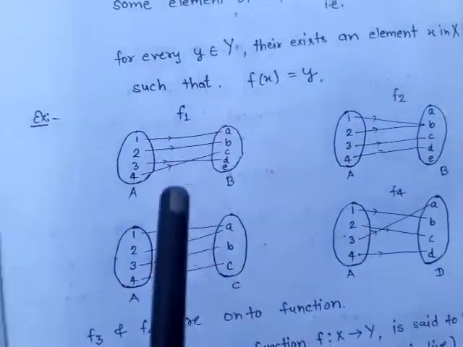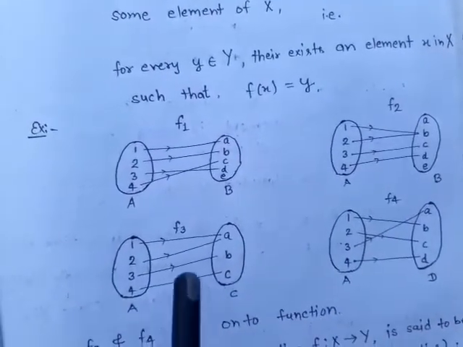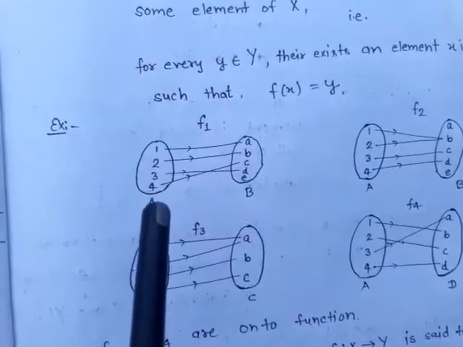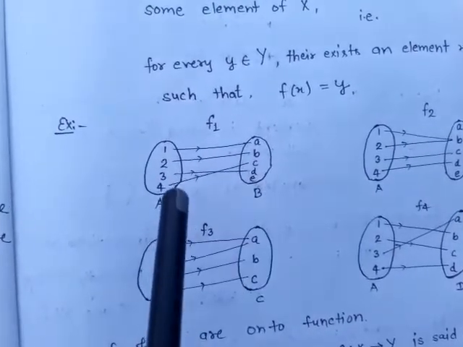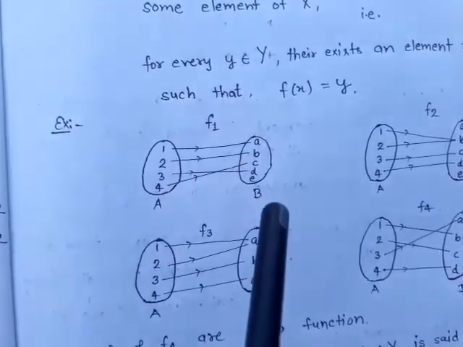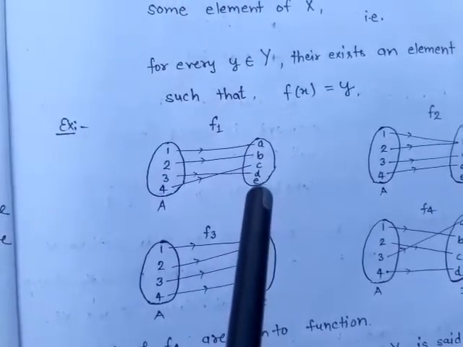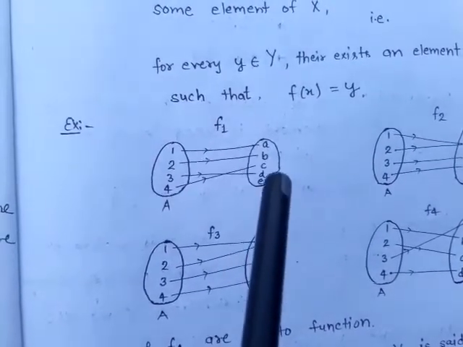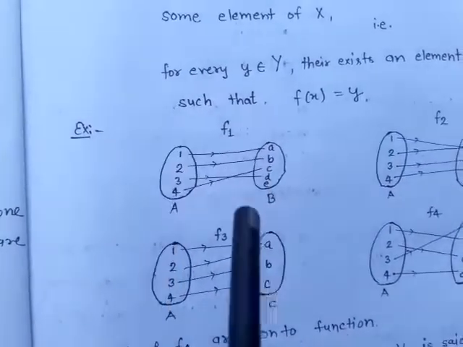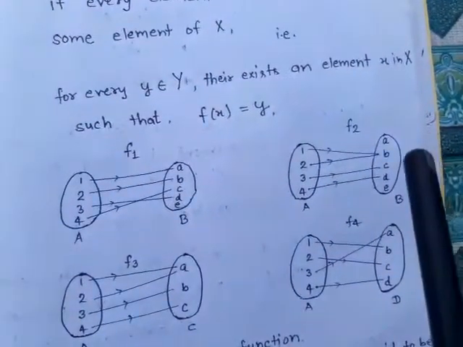Now the example is the same as the previous example: image of 1 is A, image of 2 is B, image of 3 is D, image of 4 is C. Here the four elements of Y are images of these elements but E is free, so it is not onto.